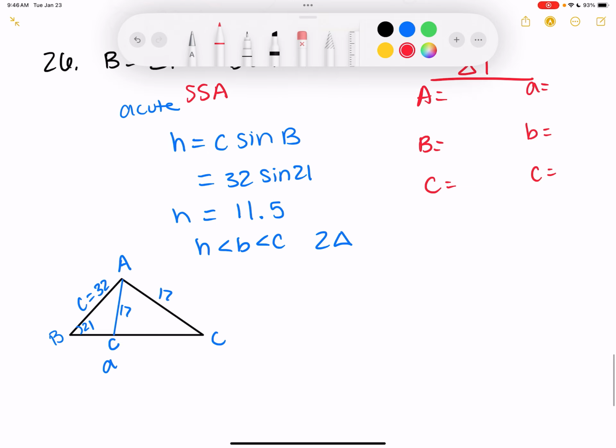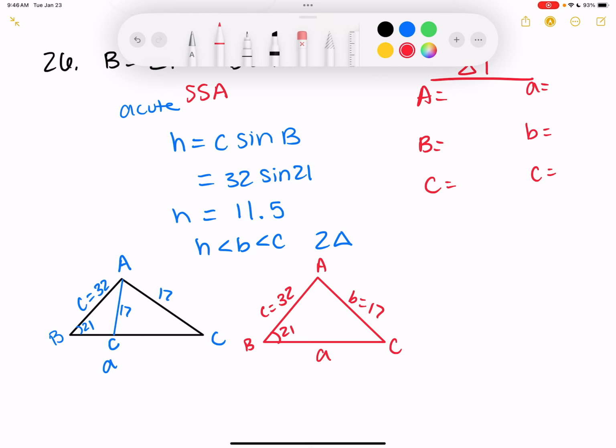So the big triangle: we have C is 32, B is 17, angle B is 21, and then I've got to find the other pieces. Nope, I put that in the wrong spot. C. Okay, that's the big triangle.